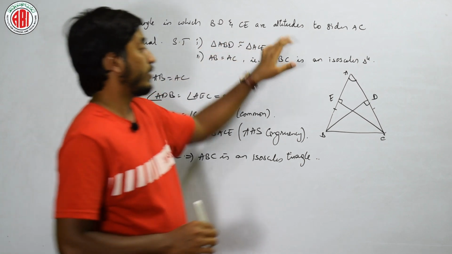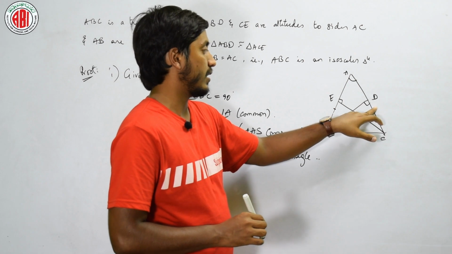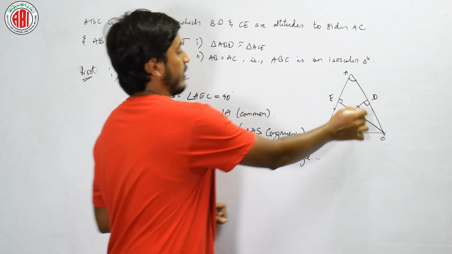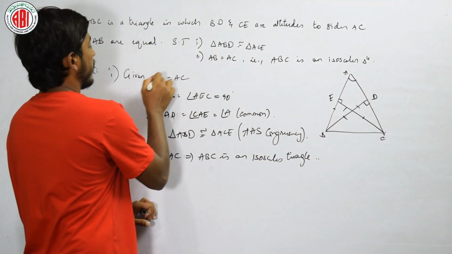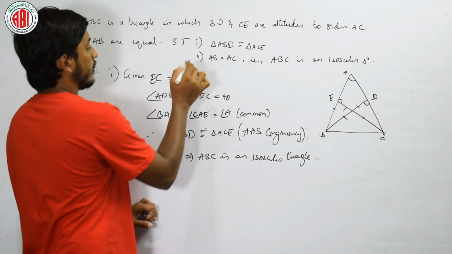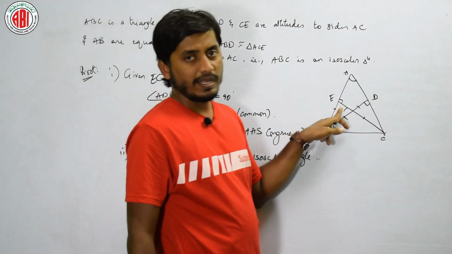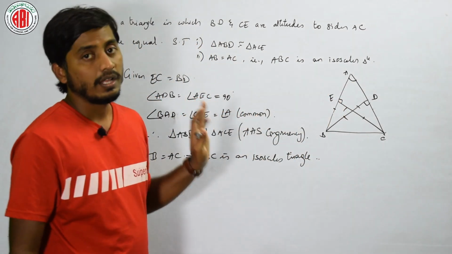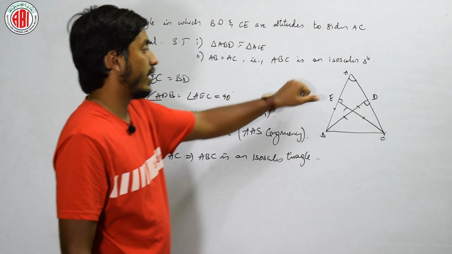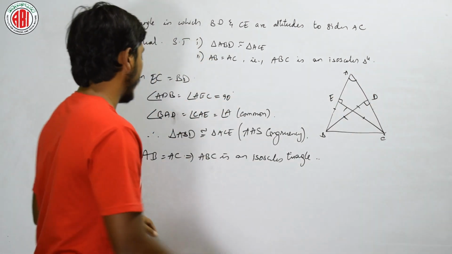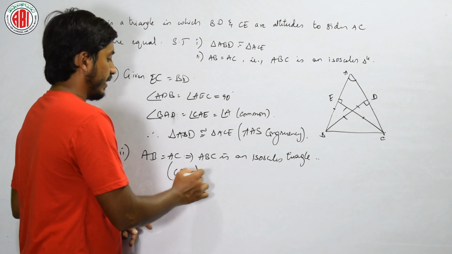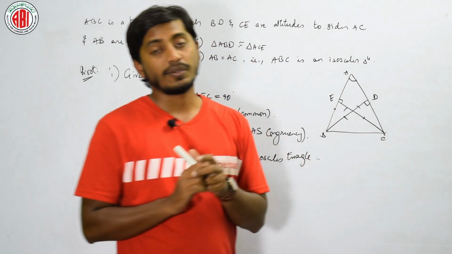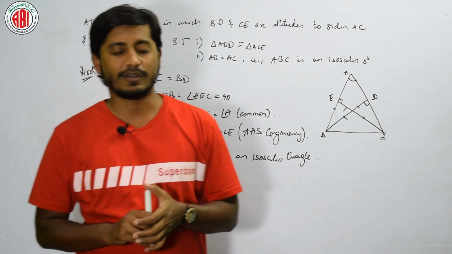Here the altitudes are equal, that is EC is equal to BD. From that, this is one side, this is one angle, this is one angle, therefore by AAS both the triangles are congruent. Since both the triangles are congruent, this AB and this AC are equal. Why? Because of CPCT. Since two sides are equal, therefore ABC is an isosceles triangle. Clear? Shall we move to the next problem?